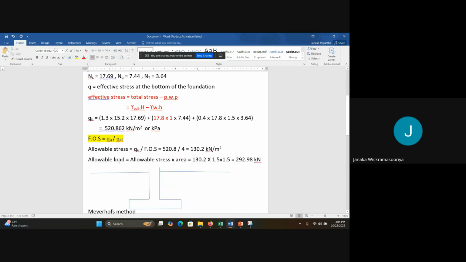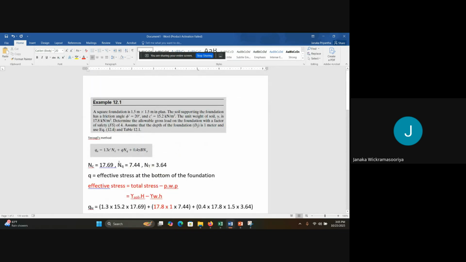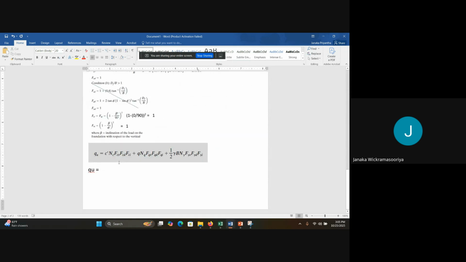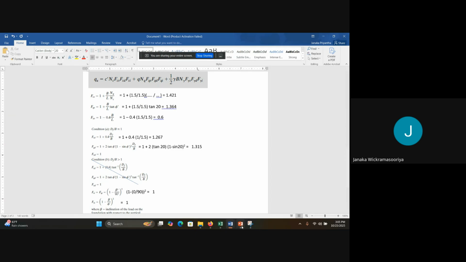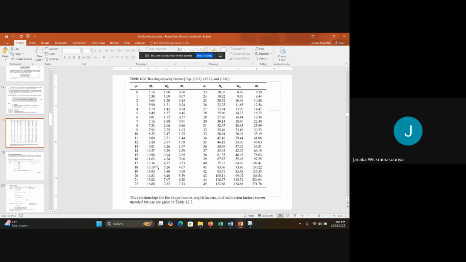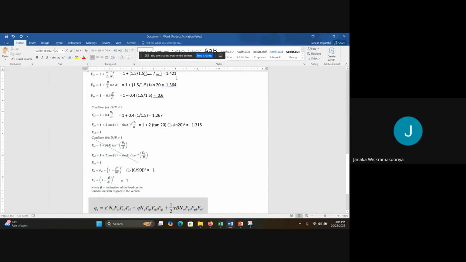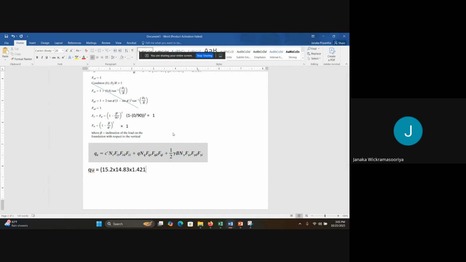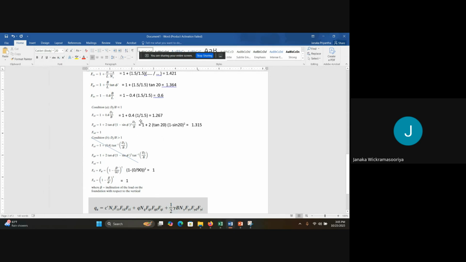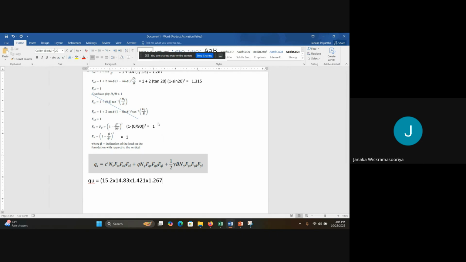C dash is 15.2. NC, we will have to check the table: NC 14.83. FCS 1.421. FCD 1.267. FCI 1.